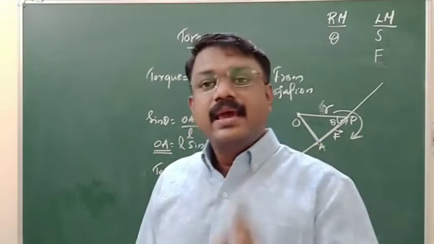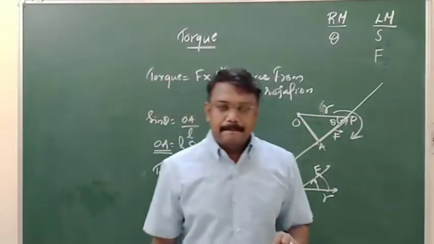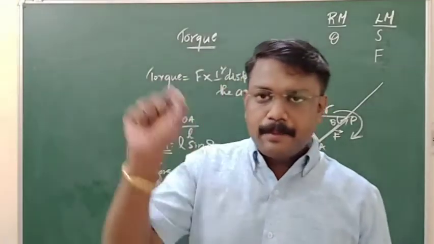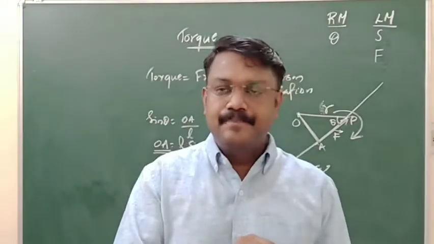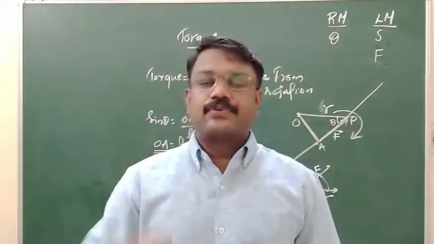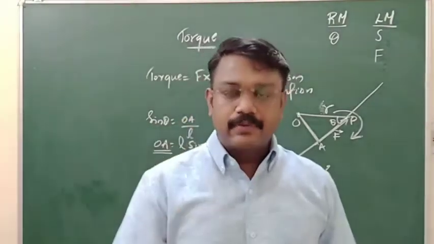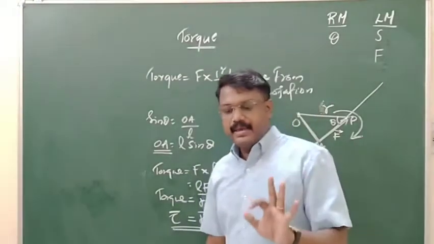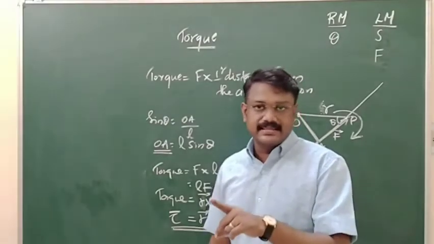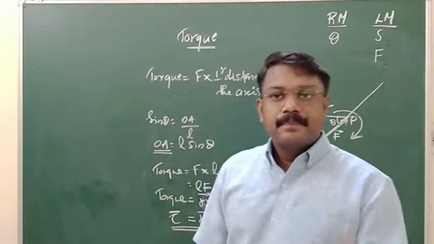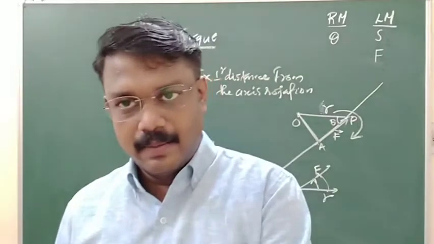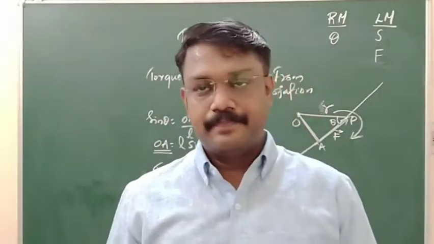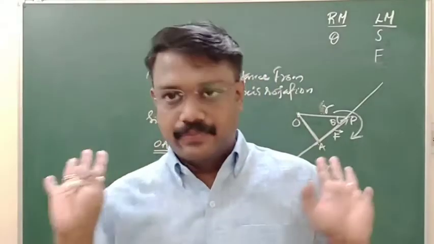So if you are applying a force F on a point which is at a distance R from the axis of rotation, then the torque derived will be R cross F, where R is the distance from the axis of rotation to the point where the force is applied, and F is the applied force.